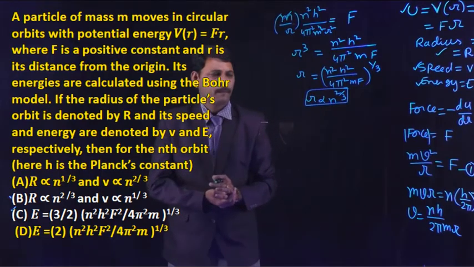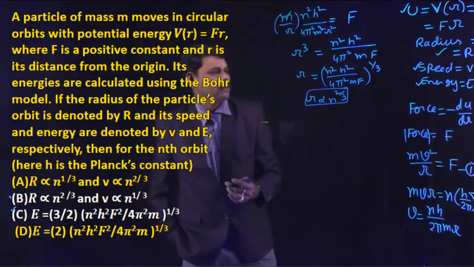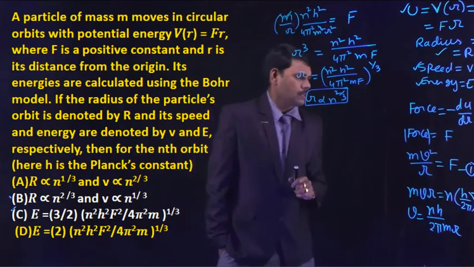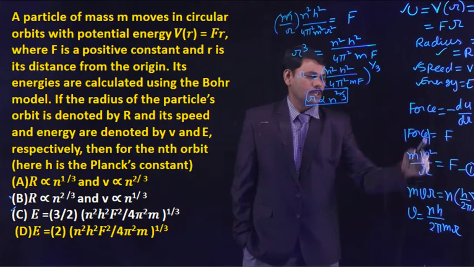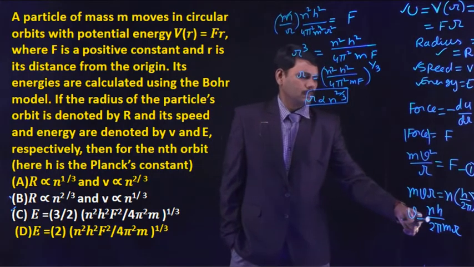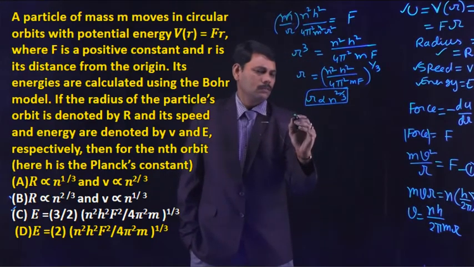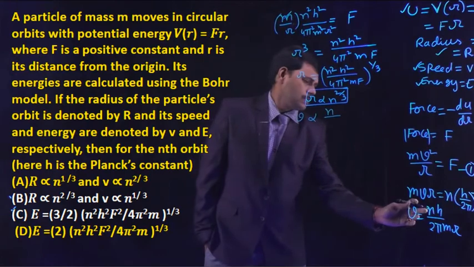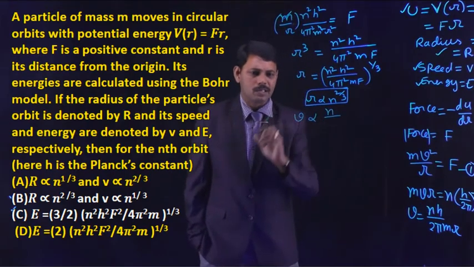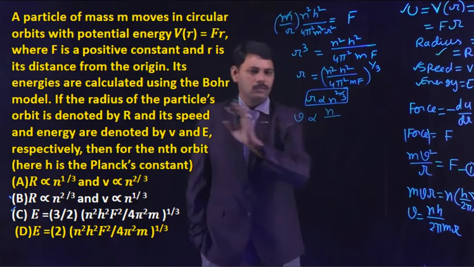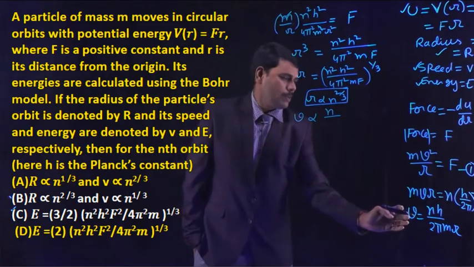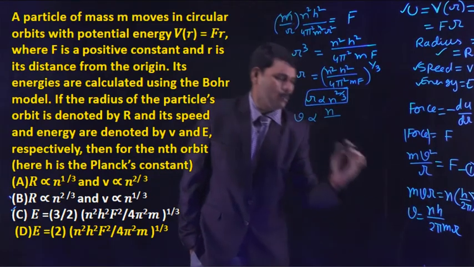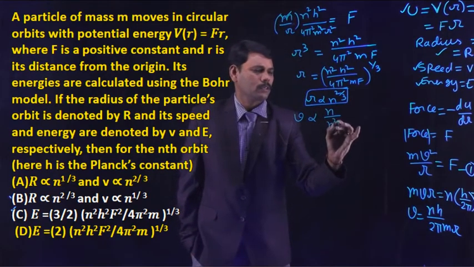Then we come to velocity. Substitute this relation in the formula. v is proportional to n by r, and r is proportional to n power 2 by 3.